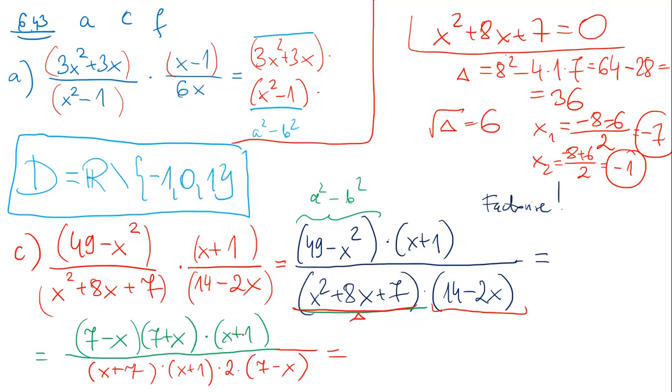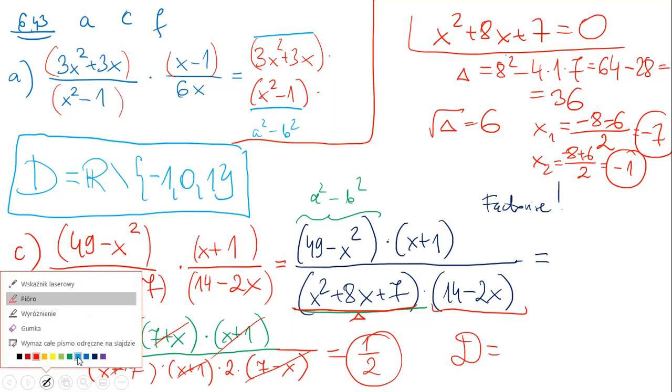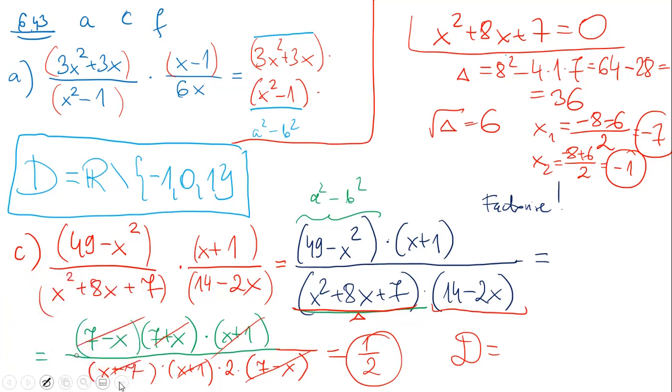And we can do a lot of cancelling down because we can cancel this and this bracket, then this one and this one and this one and this one. So what we get in the end is 1/2 again. All right, so very easy, very nice answer. And of course, let's take a look at the domain in the end. To see the domain, it's good to look at the bottom here.